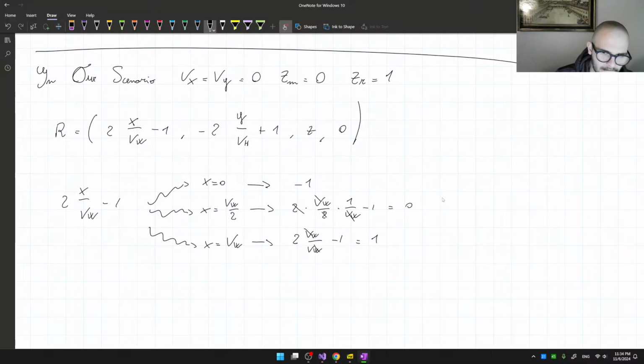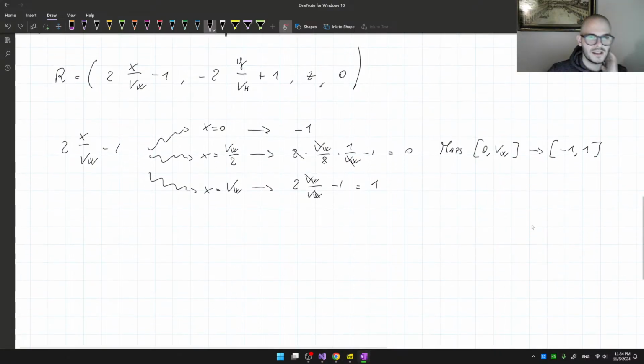So this basically is a mapping, so it maps 0 to view width into -1 to 1. Okay, now -2y divided by the view height plus 1.